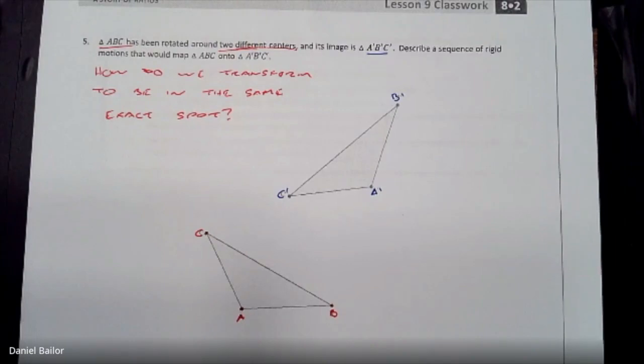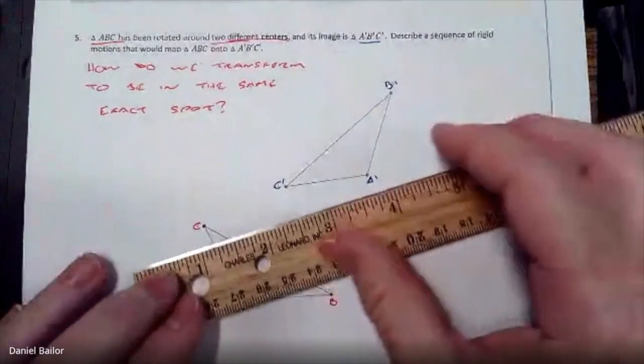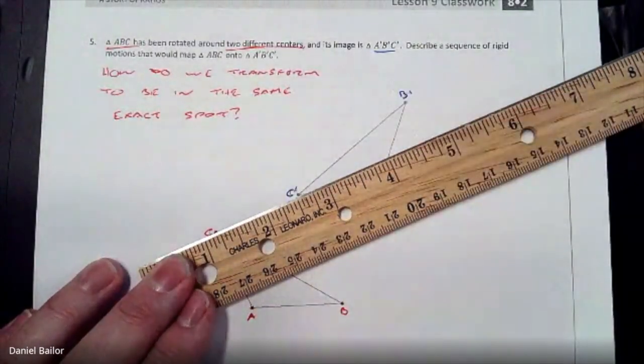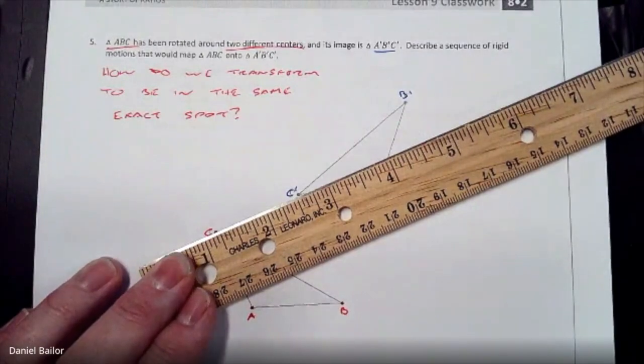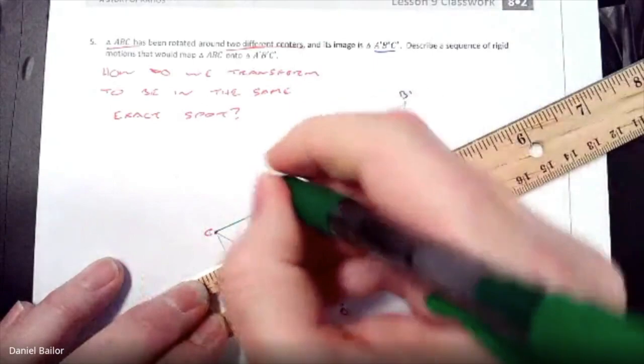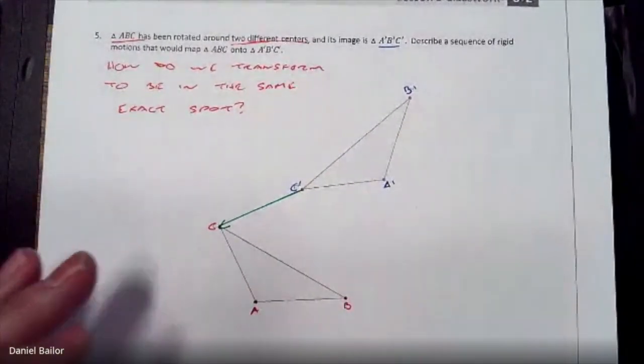What I would like to start with is a translation, a slide. So what I would say is, let's follow the vector. Let's make a vector. I'm going to make a vector with my green pen. So I made this vector, so everyone sees that vector.